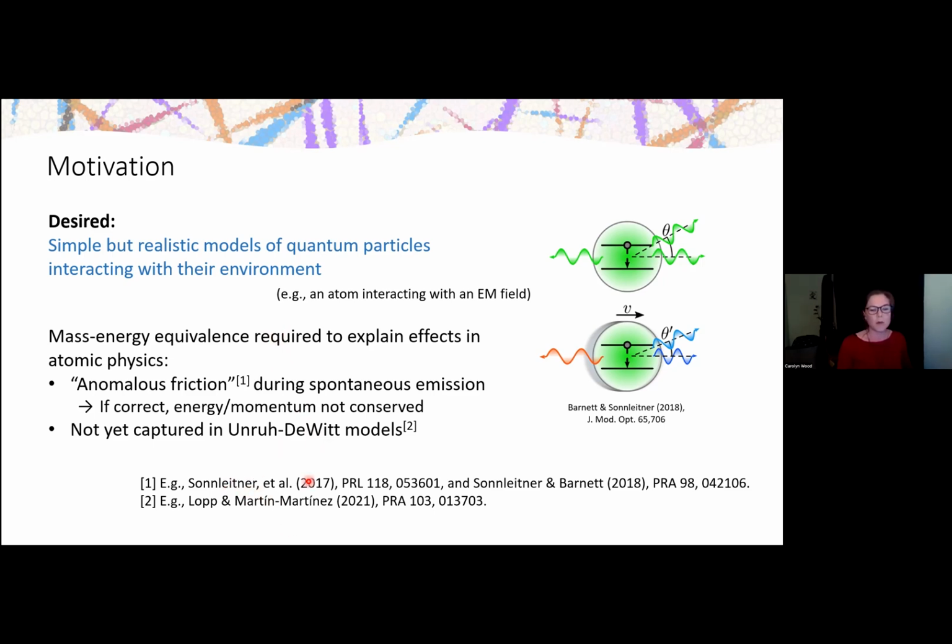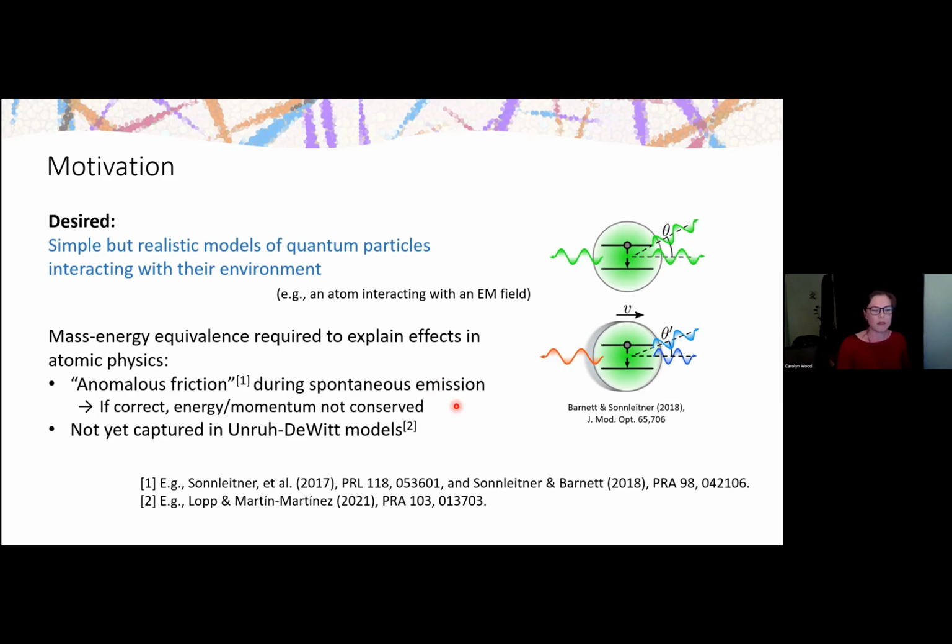So this work by Sonnleitner and Barnett is a well-known example, but they certainly weren't the first to notice this effect. What they found, though, was that an atom moving through the vacuum experienced a friction force in proportion to its initial momentum. And this effect would appear to violate conservation of energy and momentum, but it disappears when one makes corrections which allow the mass of the detector to change.